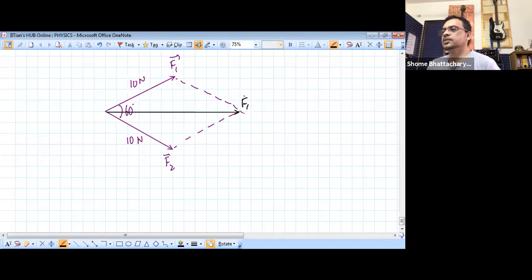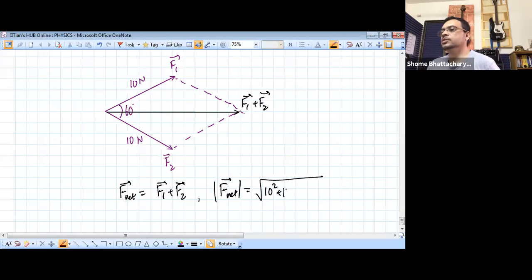This will be F1 plus F2. So the left hand side of Newton's second law, net force, is F1 plus F2. Its magnitude becomes root of 10 square plus 10 square plus 2 into 10 square cos 60. So that is 10 root 3 newtons.